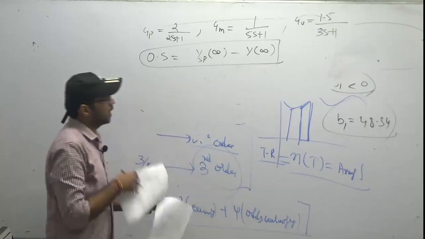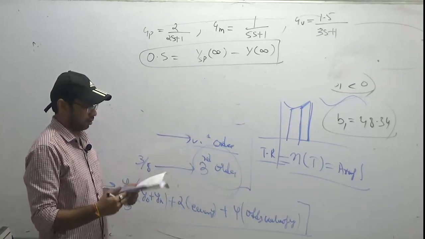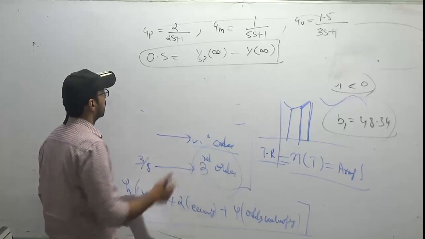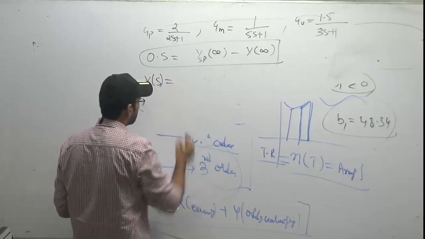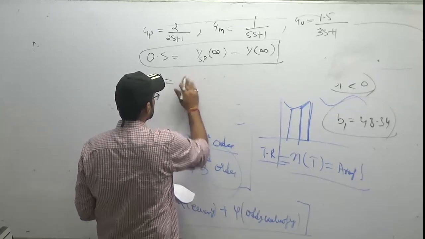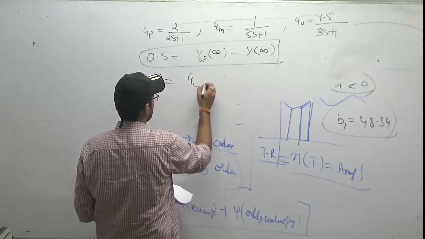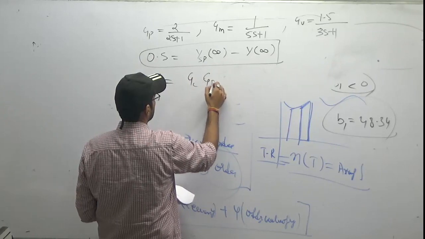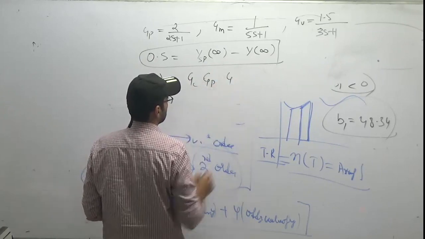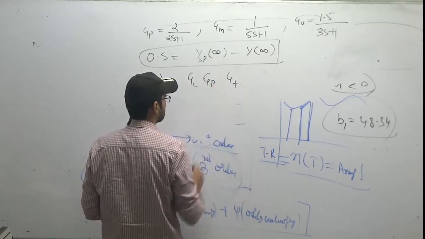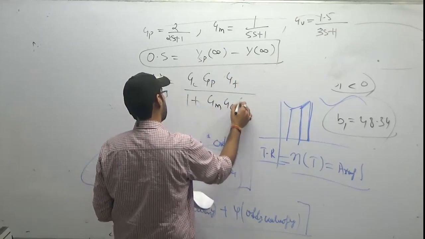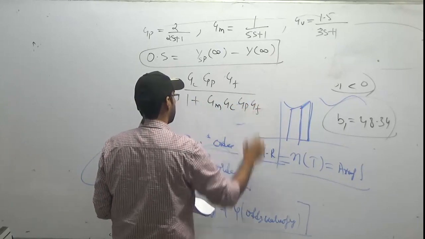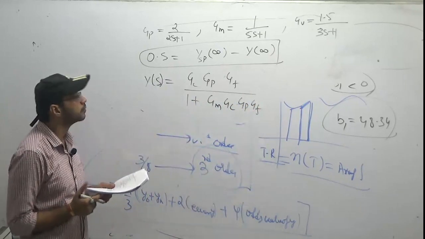Now for that, form the transfer function. You know that Y of s equals GC, GP and GF divided by 1 plus GM, GC, GP, GF. Yes or no?